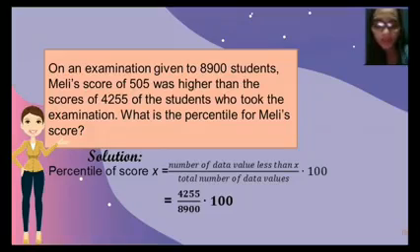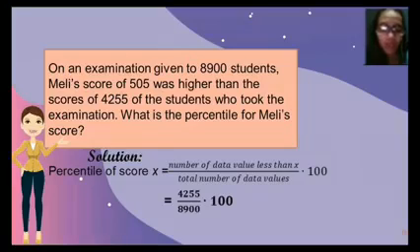4,255 divided by 8,900 is 0.4780898876. Then we multiply it by 100, so the answer is 47.80898876.